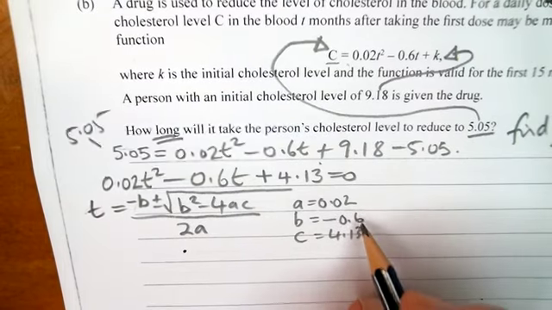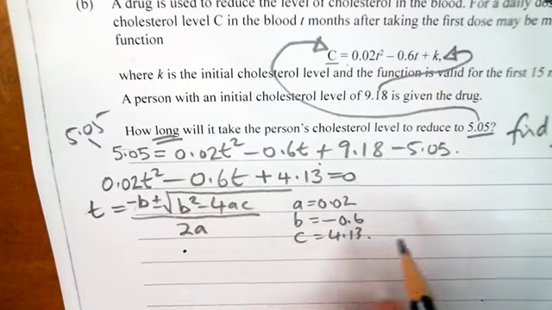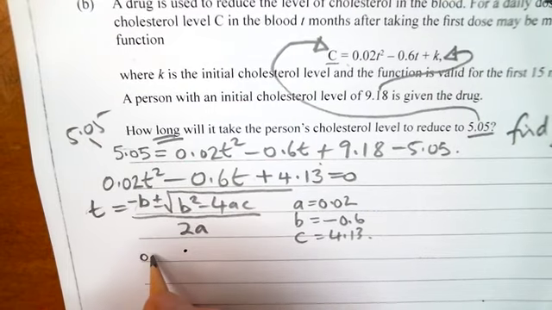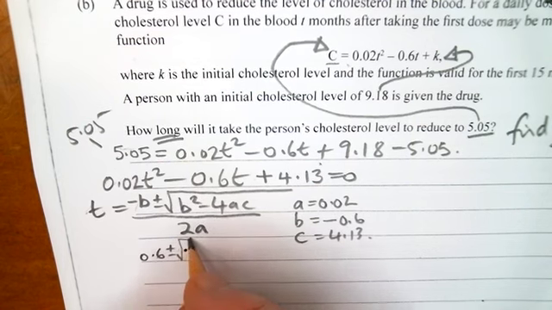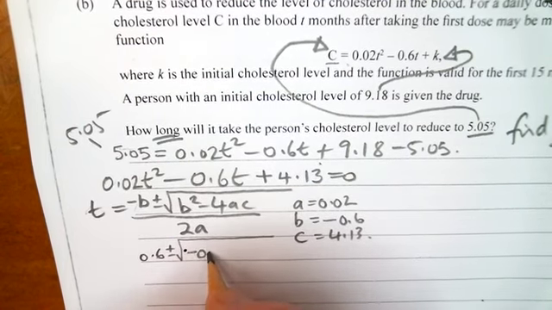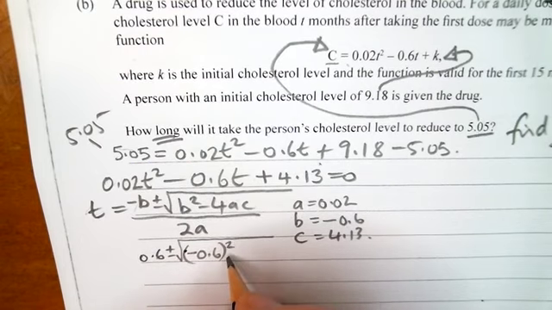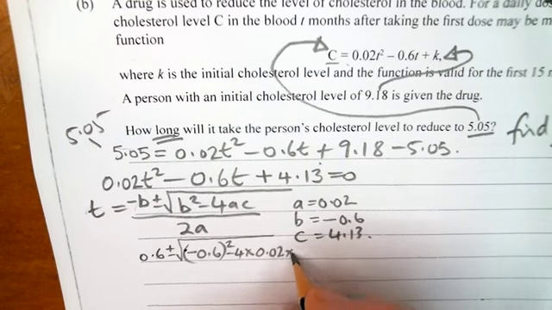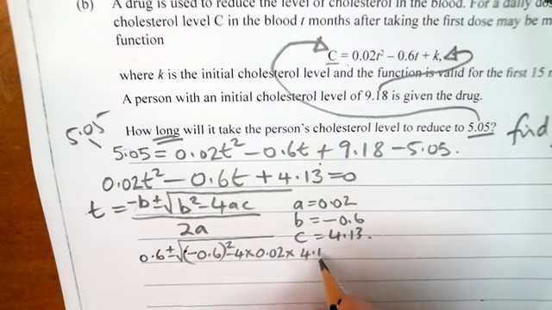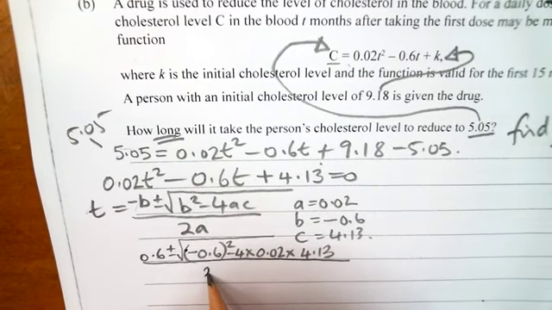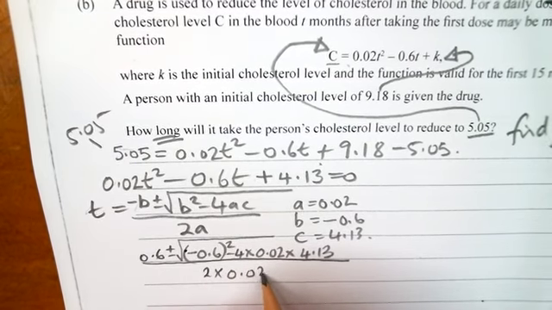So here we go. Negative b, so that's going to be positive. So I'm going to end up with 0.6 plus or minus square root of b squared, which is negative 0.6, all squared, minus 4 times a, which is 0.02, times c, which is 4.13, and all of that is divided by 2 times 0.02.